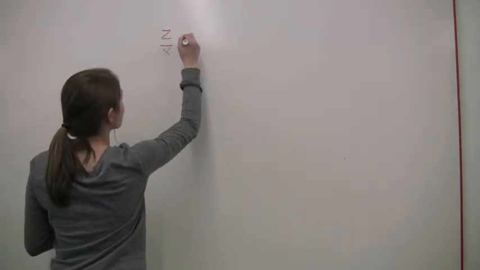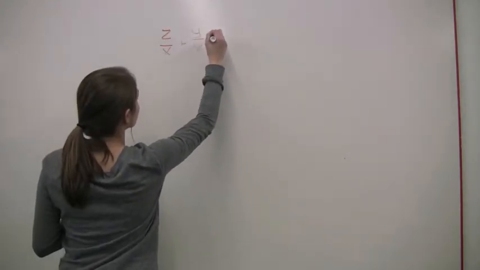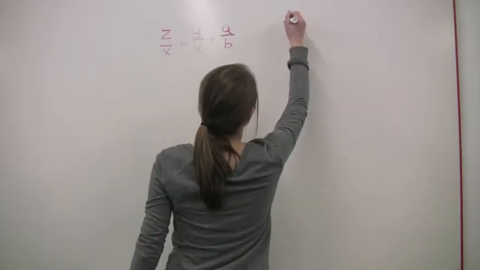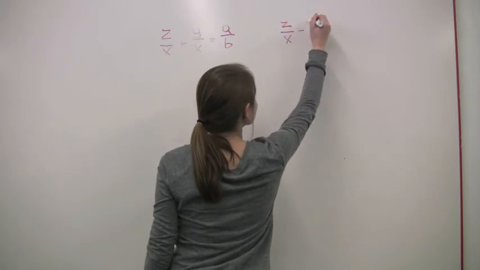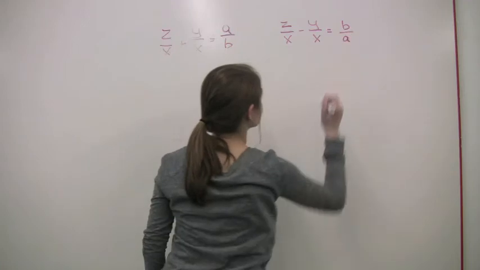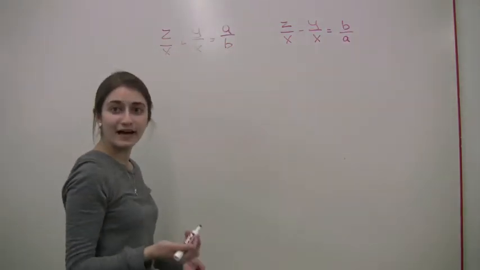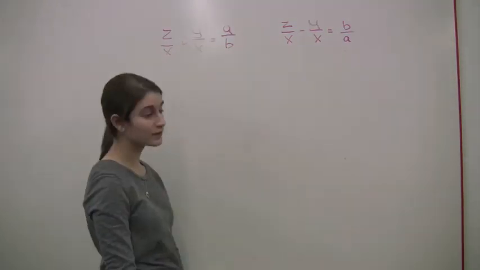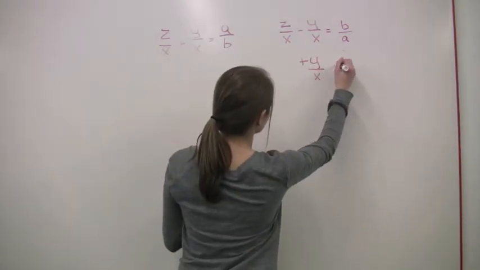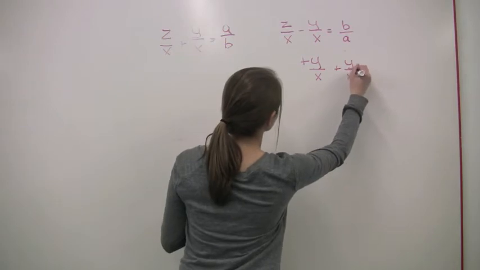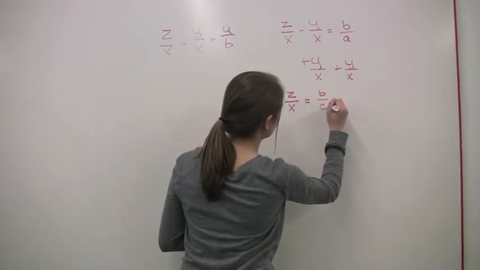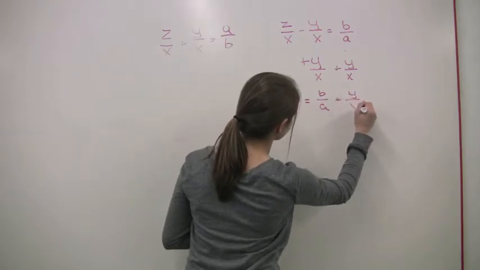Z over x plus y over x equals a over b. Z over x minus y over x equals b over a. We begin by adding y over x to both sides. This results in z over x equaling b over a plus y over x.